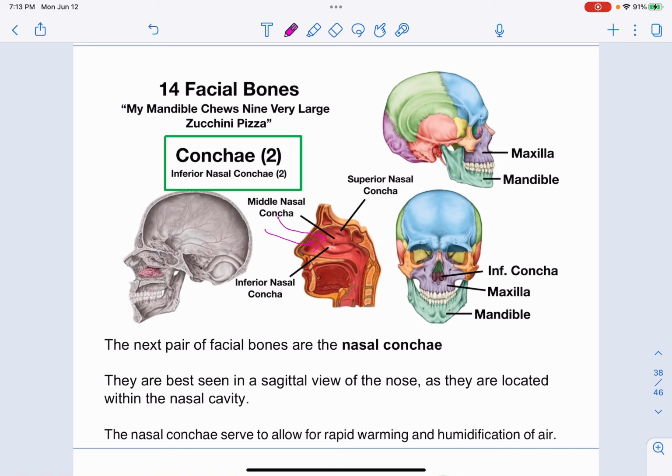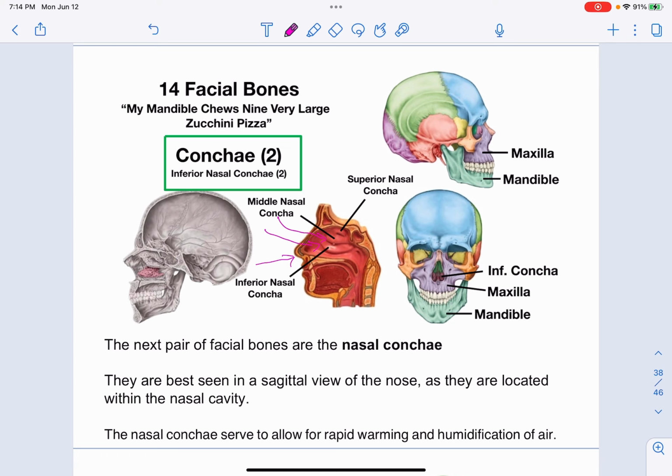We'll talk more about this when we get to the respiratory system. But as air flows through the nose, we want to move that air around so that if there are particles in the air, the epithelium surrounding the nasal cavity, which has cilia on it, can capture those particles and make sure that they don't end up in our lungs.